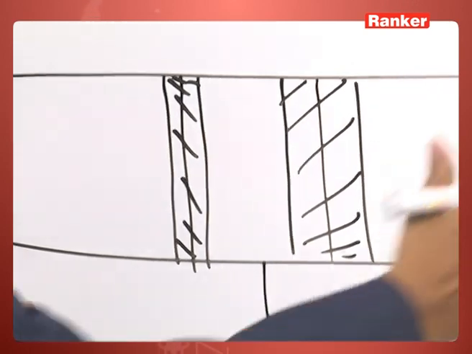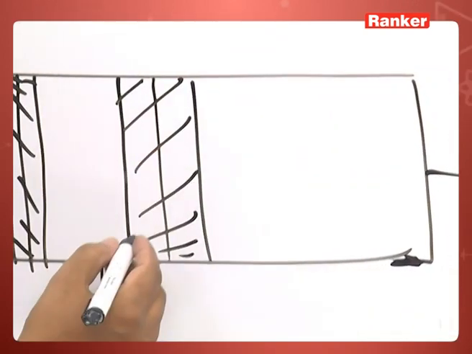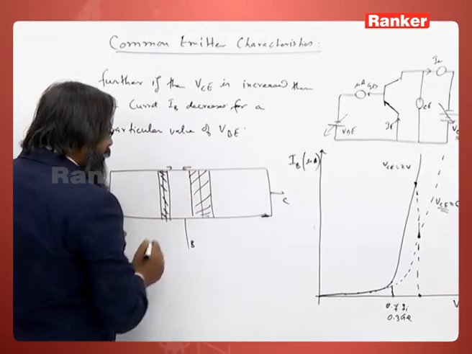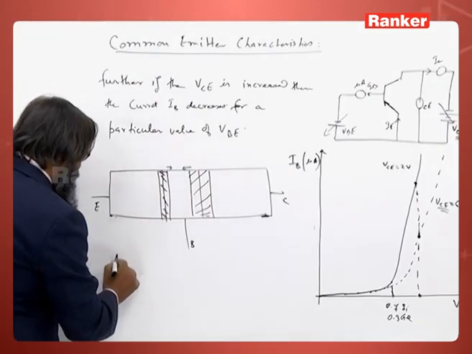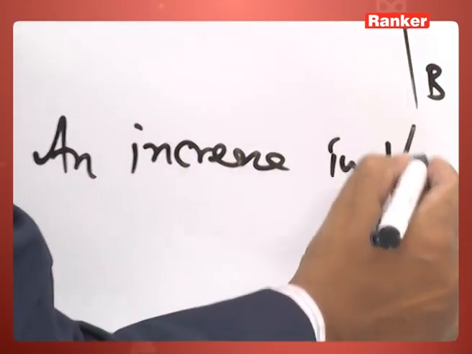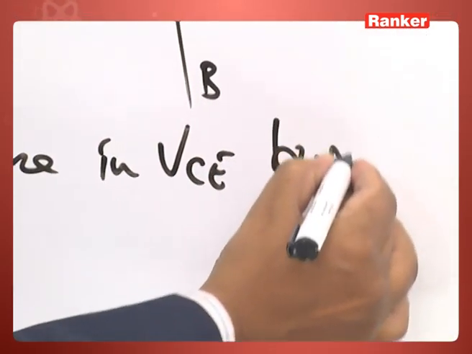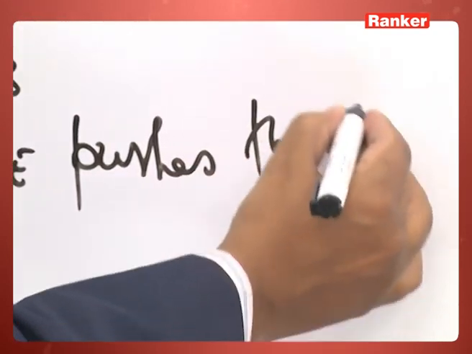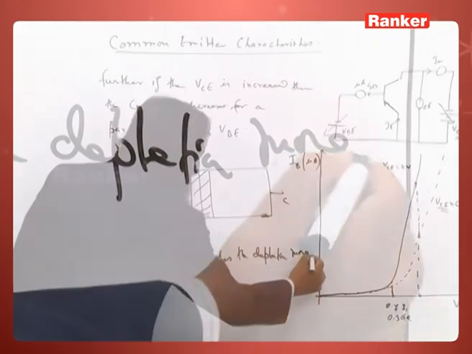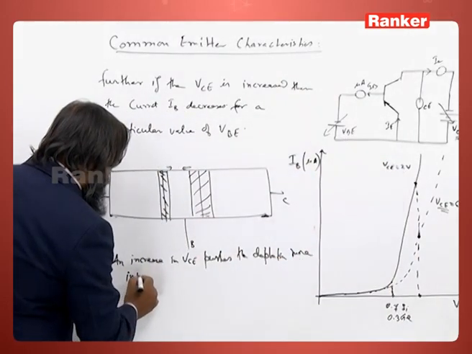So, when I increase VCE, this voltage is increased and the depletion layer is pushed this way. An increase in VCE pushes the depletion layer more inside the base region.